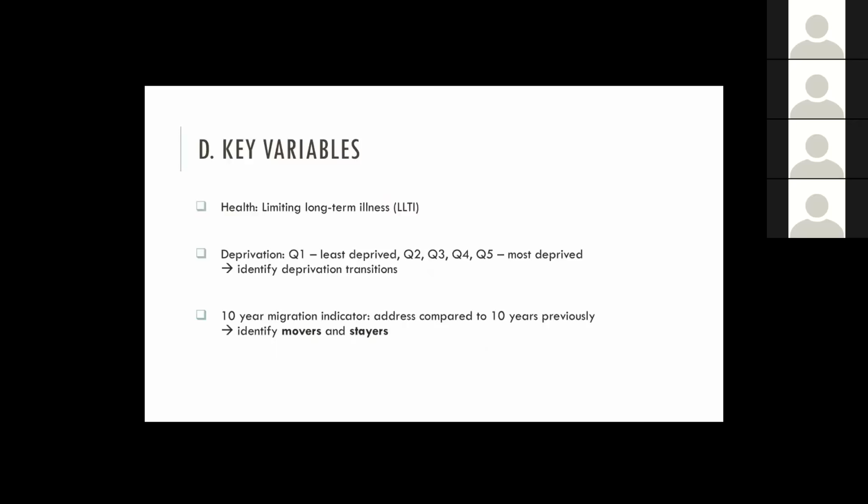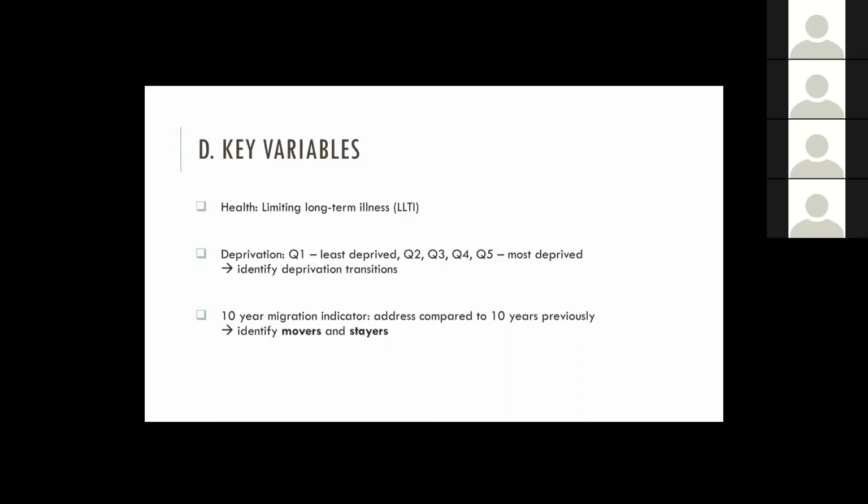And if we go back to the idea of variable issues, there was a slight change in the way limiting long-term illness was recorded in 2011 compared to 2001 and 1991. But essentially, I'm just interested in whether or not people say they are limited by an illness or not limited by an illness.